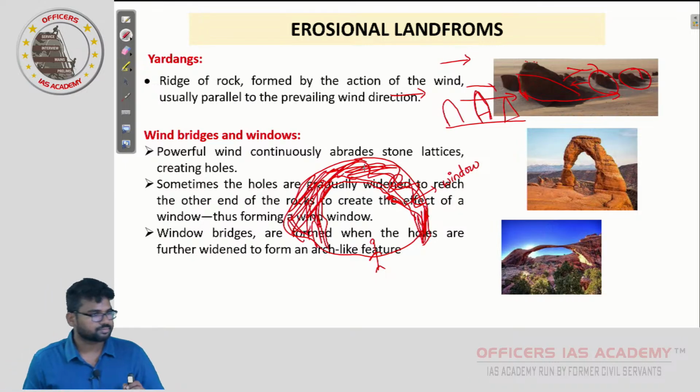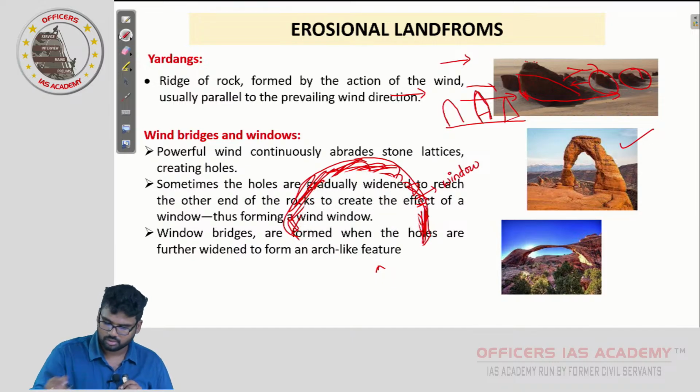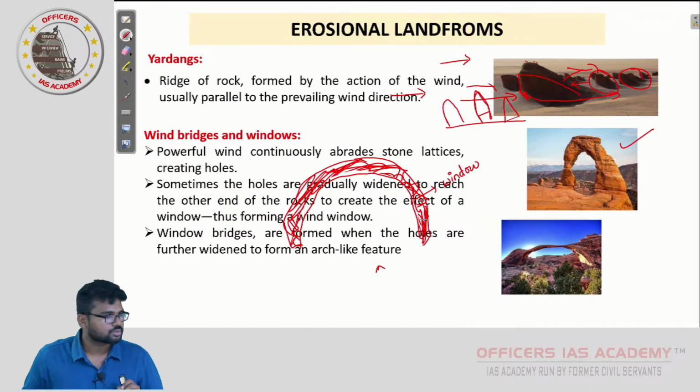So this can happen, which can give rise to a kind of arch. Now let's say it extended and further erosion happens between two rocks, that can give rise to a kind of a bridge between two rocks.